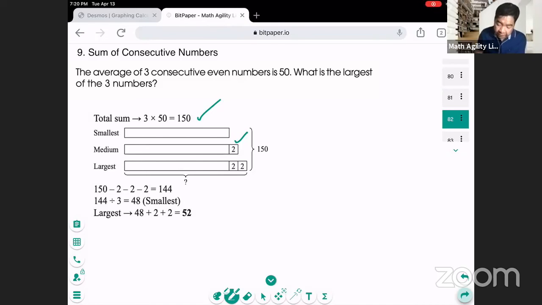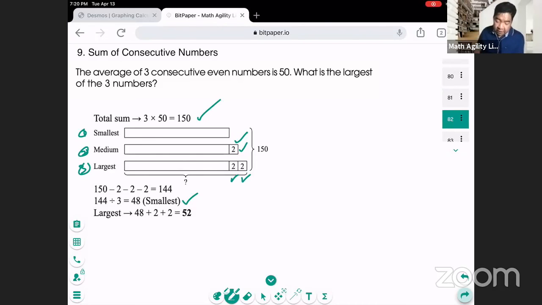If you sum up the smallest, the medium, and the largest, that would be 150. So if you subtract all the excess of 2 and 2 and 2, you would have 144, right? And if you divide 144 by the three numbers, you would get 48 as your smallest number.